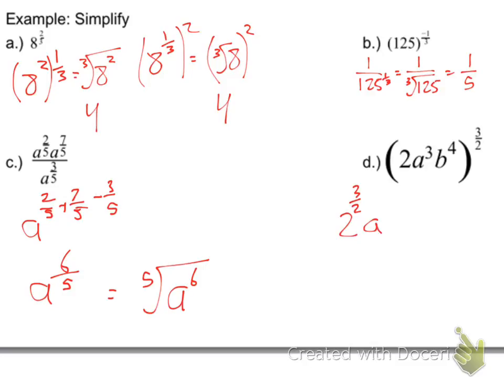And what's 3 times 3? So it'd be 9/2, and b to the 6. I am perfectly fine with this so far, because everything's variables, except for the 2. What would be a little bit more simplified or better answer for 2 to the 3/2?